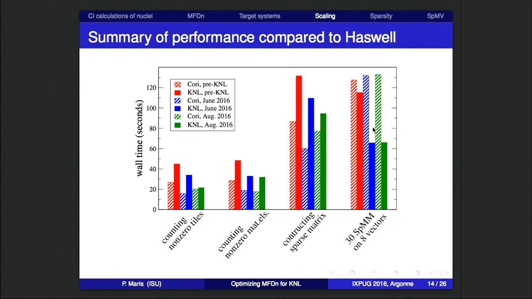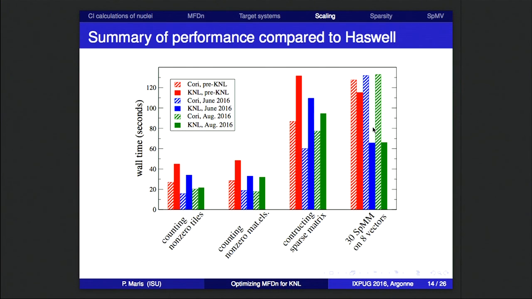In red, the dashed bars are all on Cori Haswell, the solid ones on KNL. Right out of the box, KNL does worse than Cori Haswell for essentially all phases except for the SPMM.